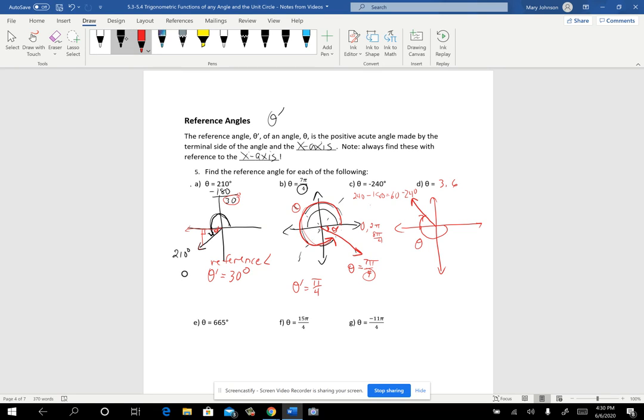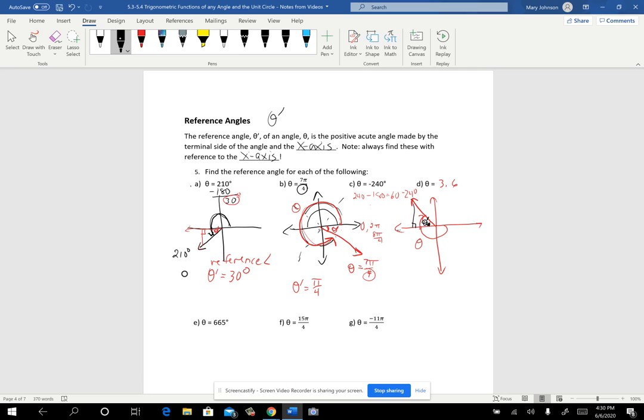When I do a reference angle, I'm going to imagine dropping the perpendicular here, and this is theta prime, okay? That angle right there inside that triangle is your theta prime. So I really just want to know what that amount of rotation was between the 180, or the pi, and getting to here.